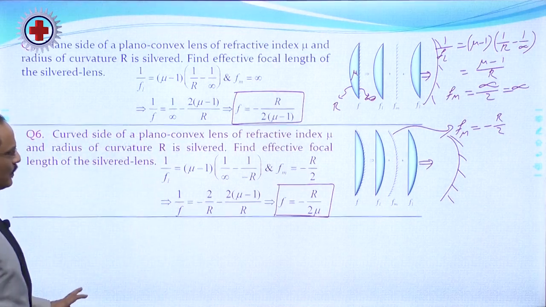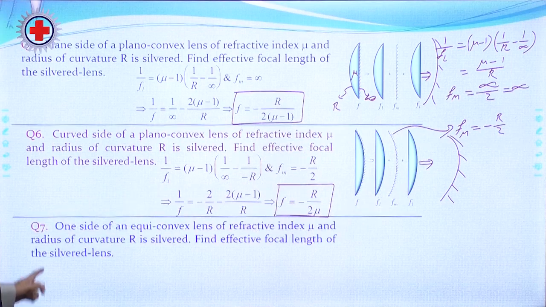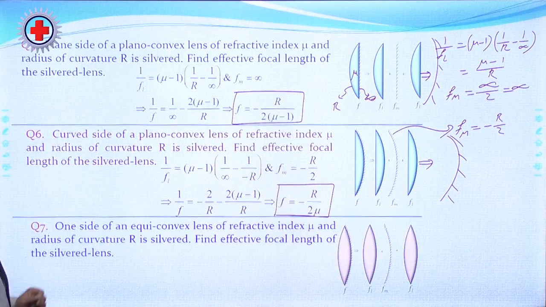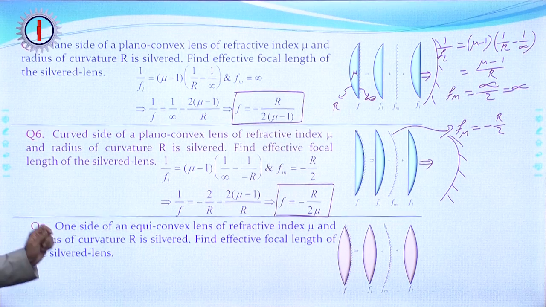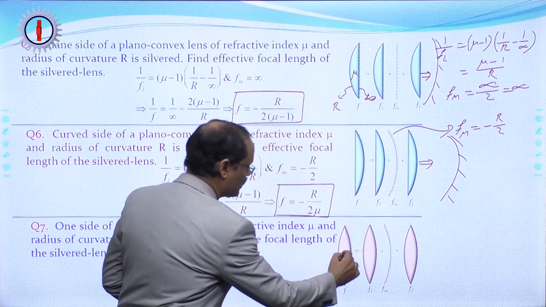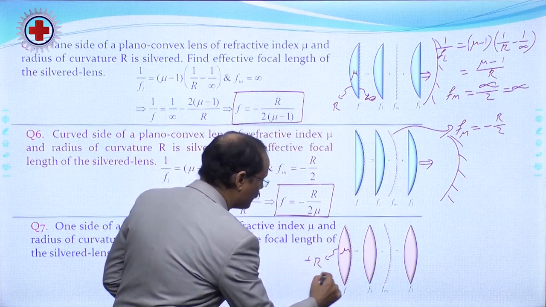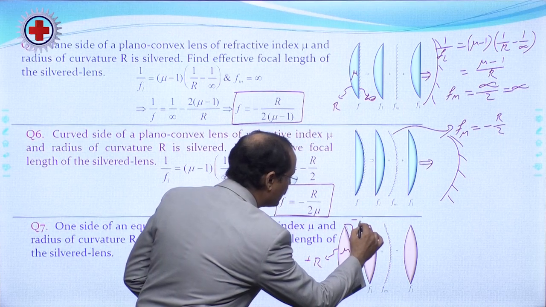Now, we have a similar problem, but the lens is of a different type. We have an equiconvex lens of refractive index mu and radius of curvature r, which is silvered. Find the effective focal length of the silvered lens. So, now it is mu, both surfaces have radius of curvature, this side plus r, the other side has minus r.